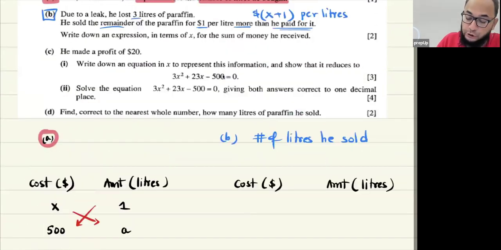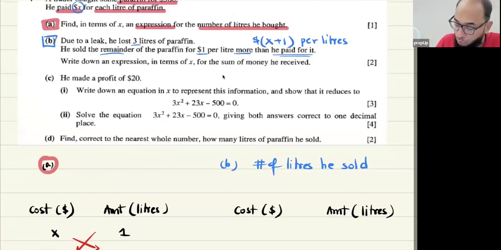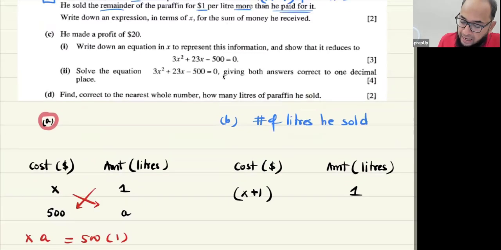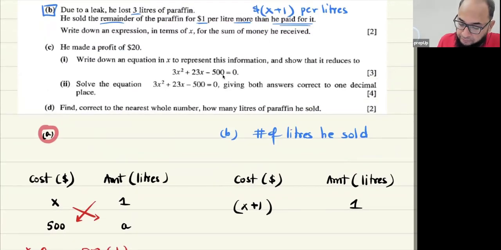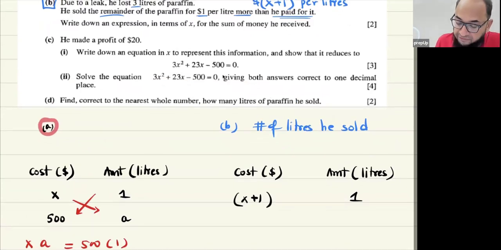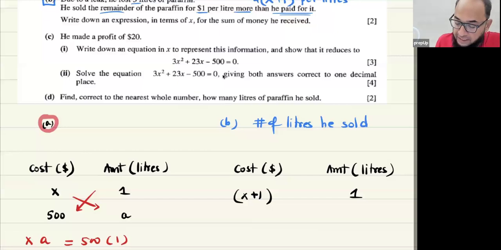He sold at $1 per liter more, so the new cost is x plus 1. This is for 1 liter. And now it says, write down an expression for the sum of money he received. He made a profit of $20.